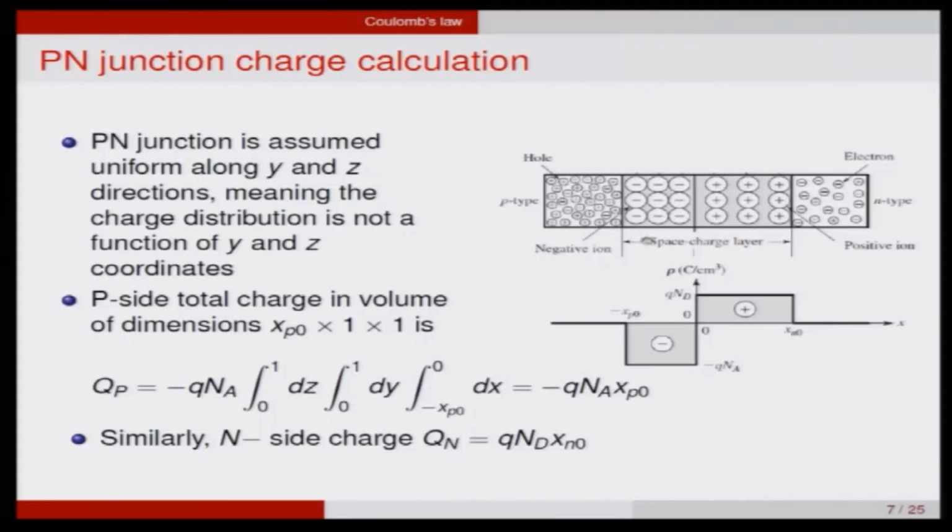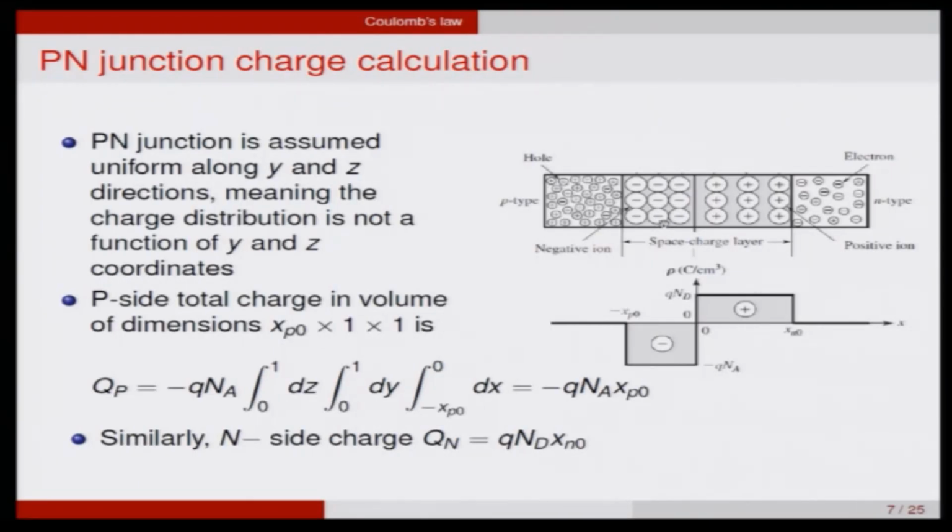Similarly, on the P side region the charge density is minus QNA. Why this should be a plus sign and why this should be a minus sign is something you must be familiar with from electronics courses, because charges move leaving behind immobile ions which are positively charged here, and charges diffuse onto the other side leaving behind immobile ions which are negatively charged here.